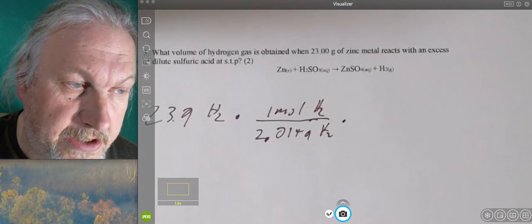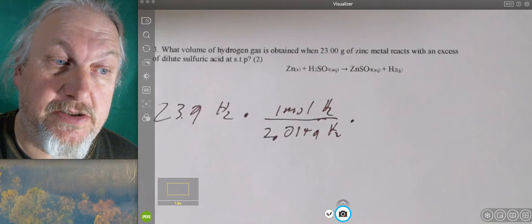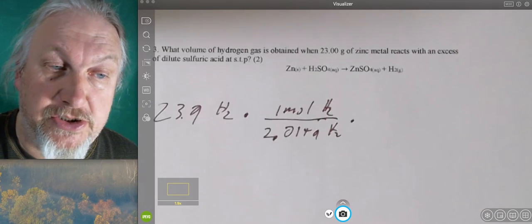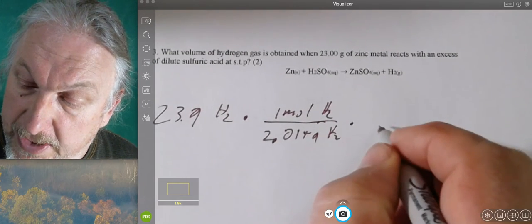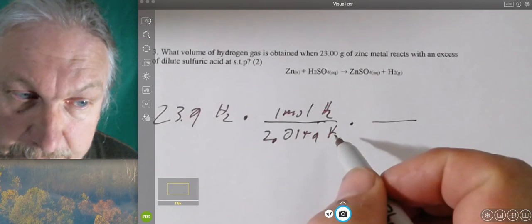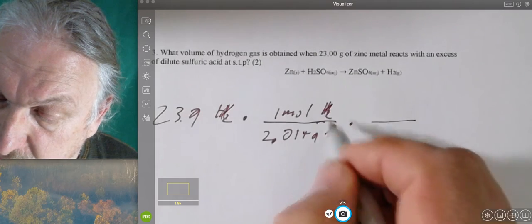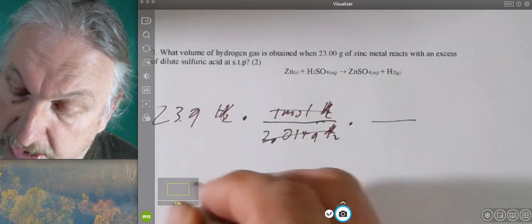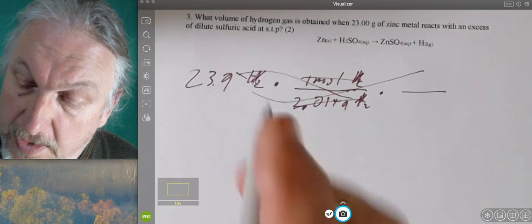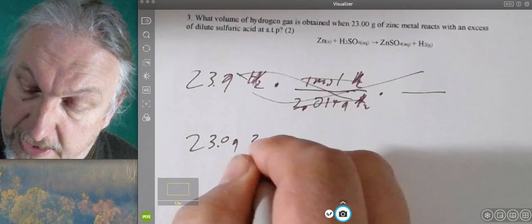Next it asks for how many moles, and this is going to give me moles of hydrogen. Now, just like any stoichiometry, now is where the magic occurs. I've got to look at the balanced reaction. Oh, I messed up. It's not hydrogen gas. We have zinc. So just ignore everything I just did there. Cross it out. So I have 23 grams of zinc metal.